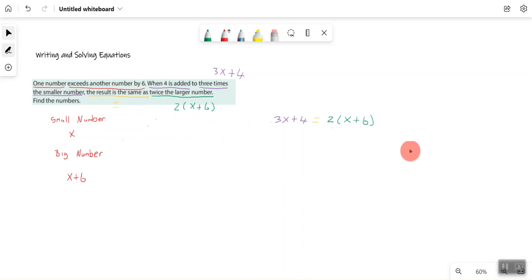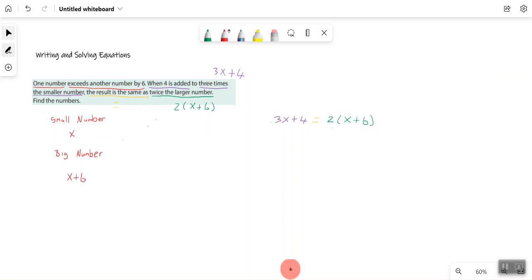So when 4 is added to 3 times the smaller number, the result is the same as 2 times the larger number. That's what we have here. So this is our algebra expression. Now we can do the interesting part and start to solve and figure out what the numbers actually are.